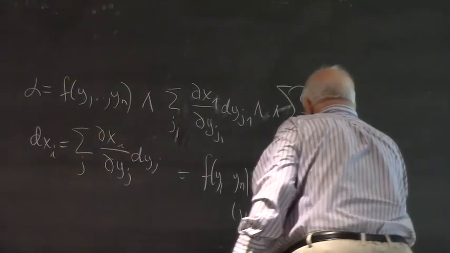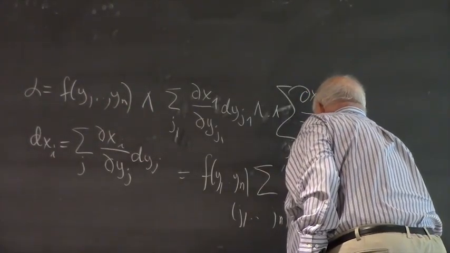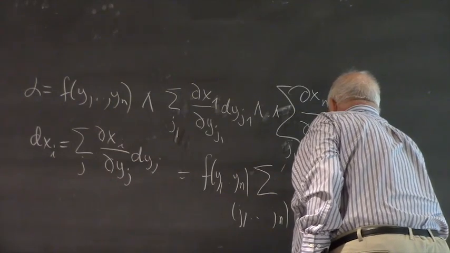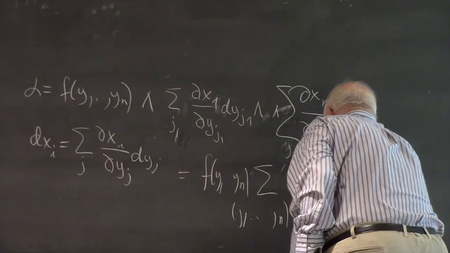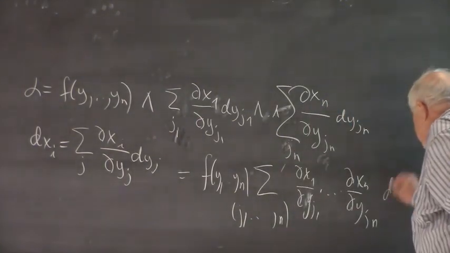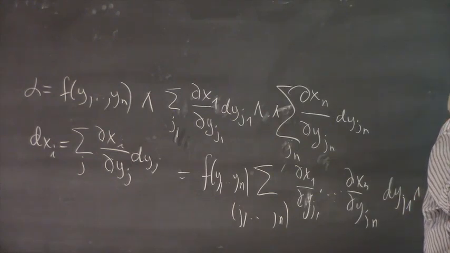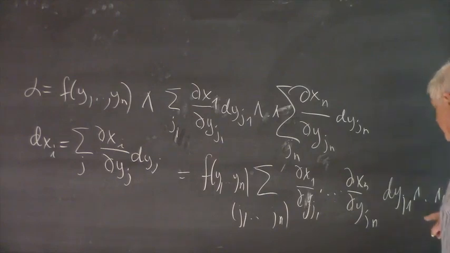Here you write dx1 over dyj1 ... dxn over dyjn, and then dyj1 ... dyjn.